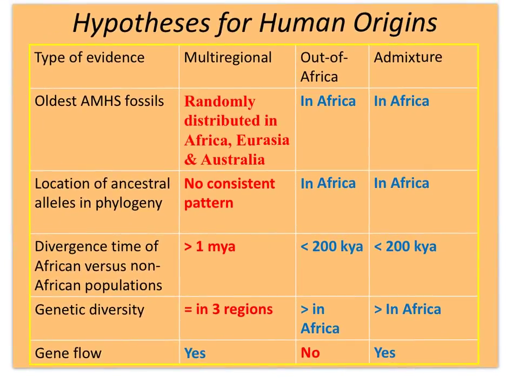So if we set these up as hypotheses in terms of predictions, if it's multi-regional, the oldest fossils should be spread all over the place, whereas for the other two hypotheses, the oldest fossils should be found in Africa.